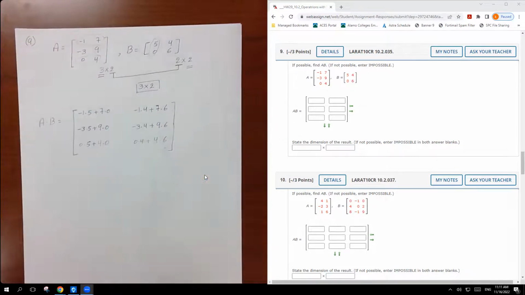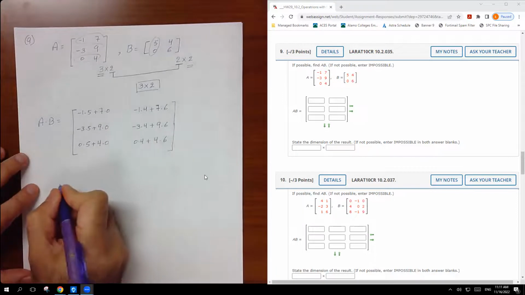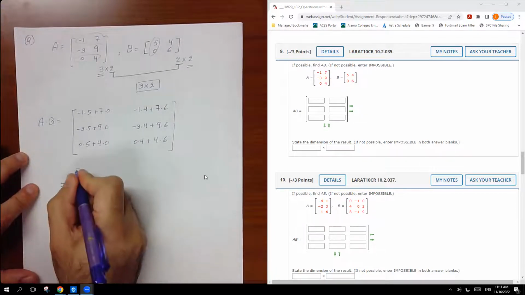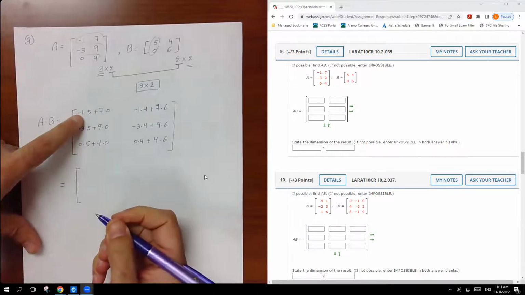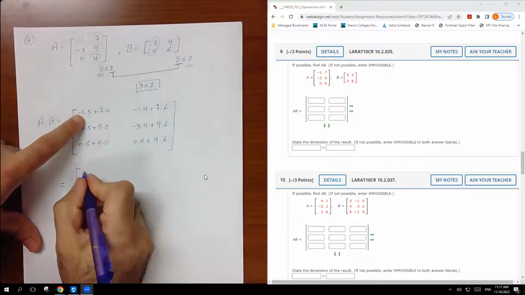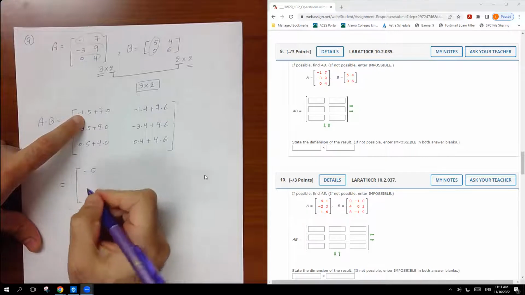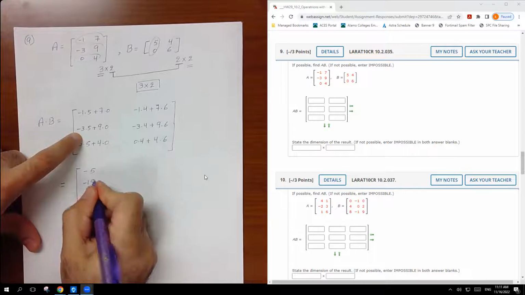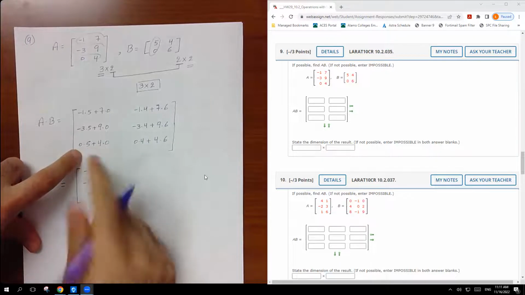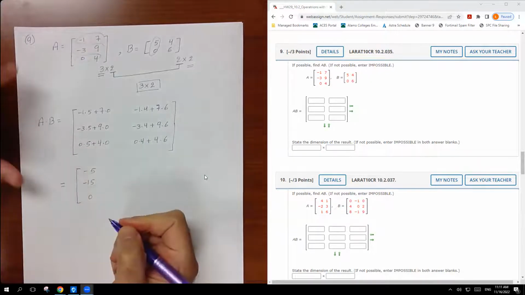So now we just have to do the math. So this one is going to be equal. This is 0, so it's going to be -5. This is 0, here is going to be -15. This is 0 and this is 0, so it's going to be 0.